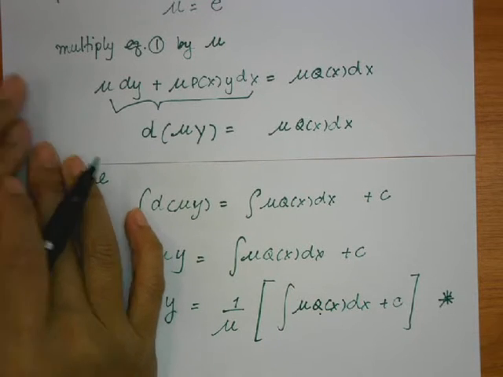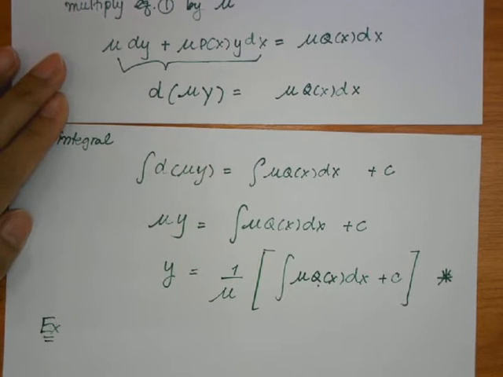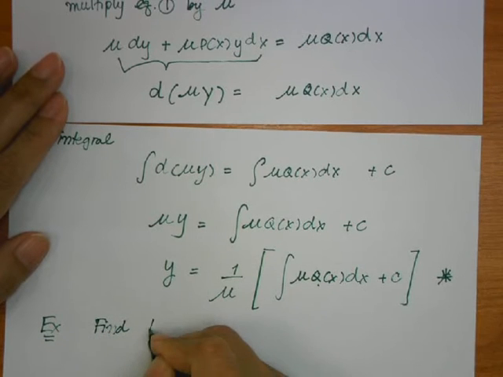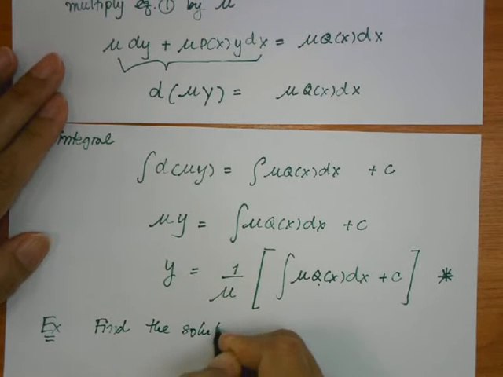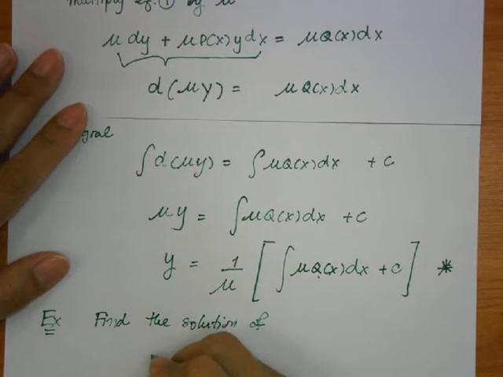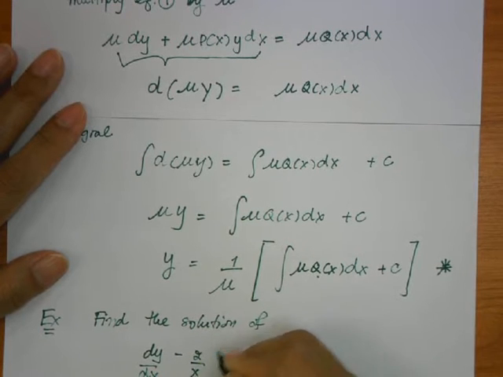Okay. Let's take a look at an example. Do we have time to do the example? Find the solution of dy by dx minus 2 over x times y equal to x.